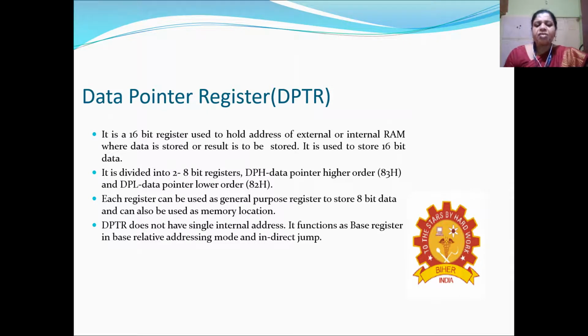It is again a general purpose register. DPH will store 8-bit data and DPL also will store 8-bit data. It doesn't have an internal address. It acts like a base register in base relative addressing mode and in indirect jump. We will discuss these addressing modes in detail in the next lecture.